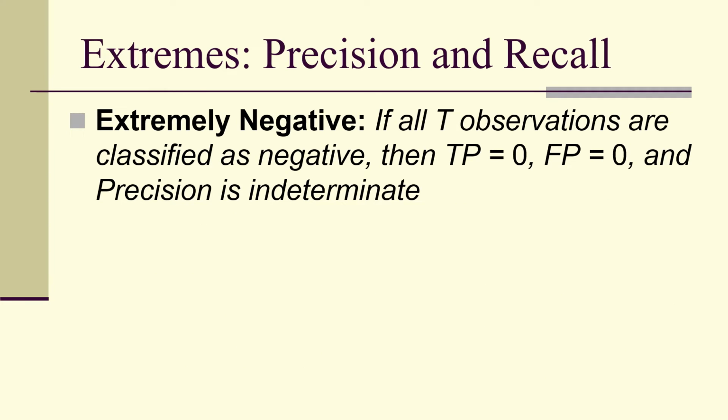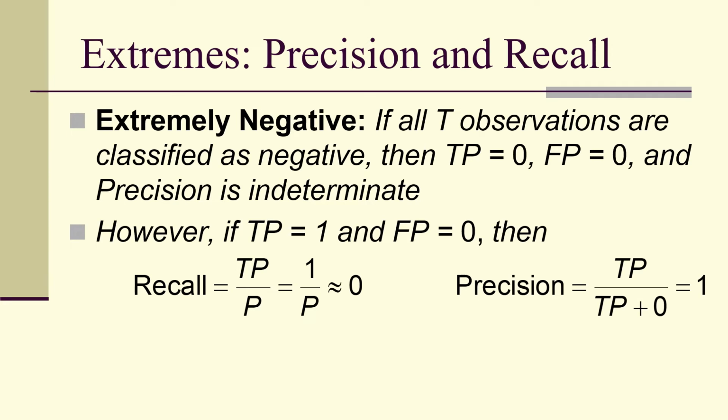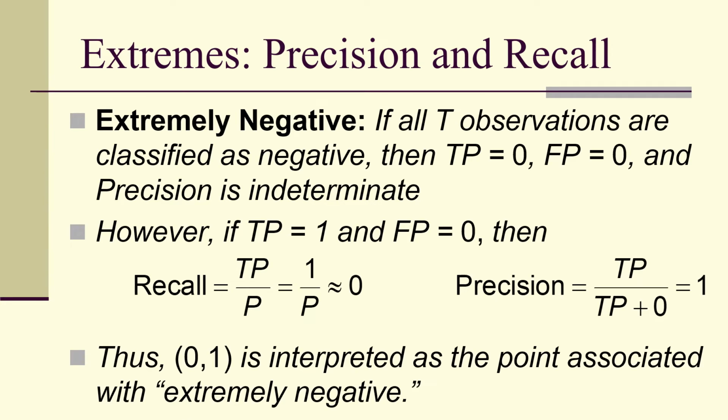Extremely negative: true positives is 0, false positives is 0, and therefore the precision is indeterminate. But if true positive is 1 and false positive is 0, then recall is approximately 0 and precision is equal to 1. So (0, 1) is interpreted as the point associated with extremely negative.